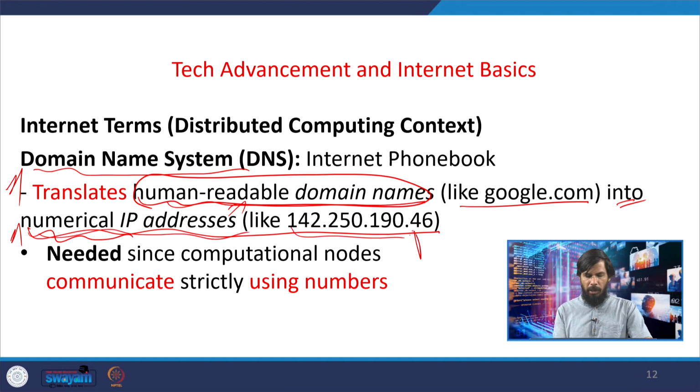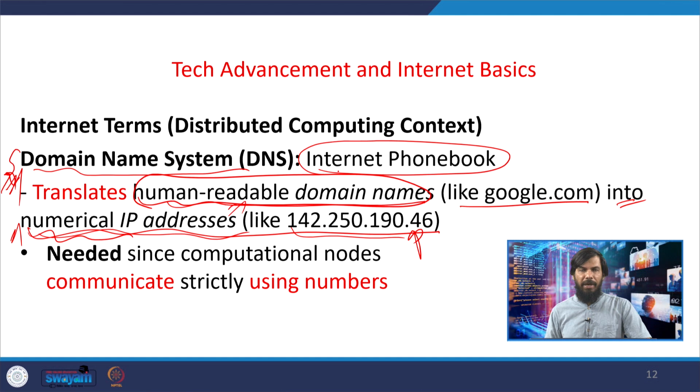So who does this job? The domain name system does this particular role, and it works like an internet phone book, just like a telephone directory, translating domain names to numerical IP addresses, right.